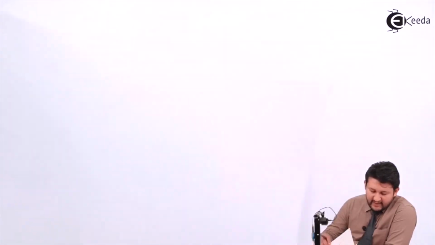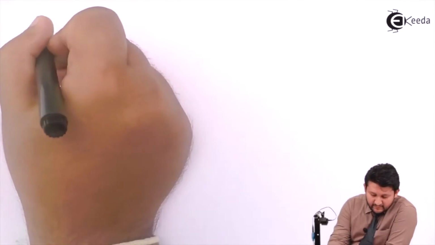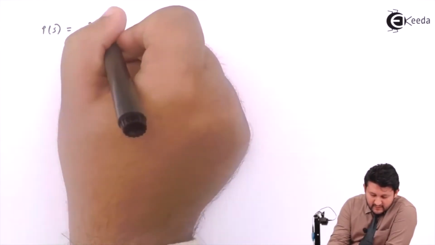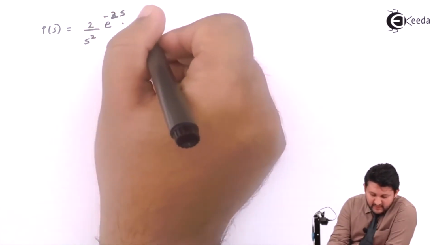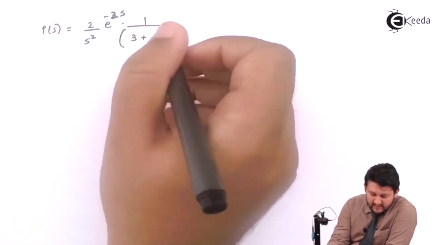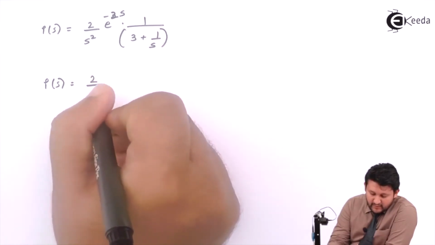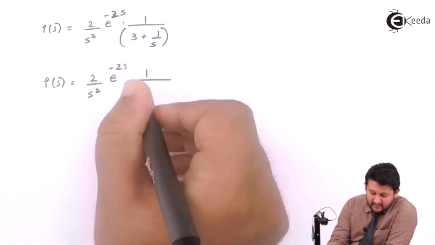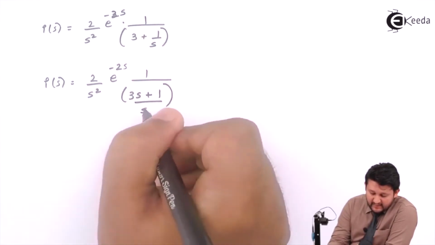Simplify to get I(s). So I(s) will be equal to 2 upon s square e raised to minus 2s into, shift it down, 1 upon (3 plus 1 upon s). This will be 3s plus 1 upon s.